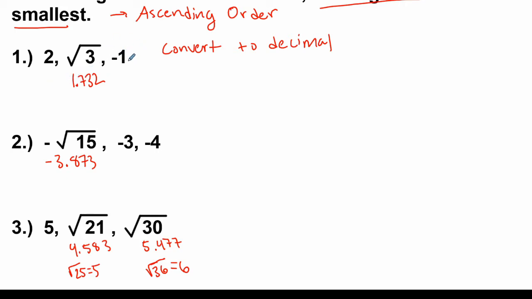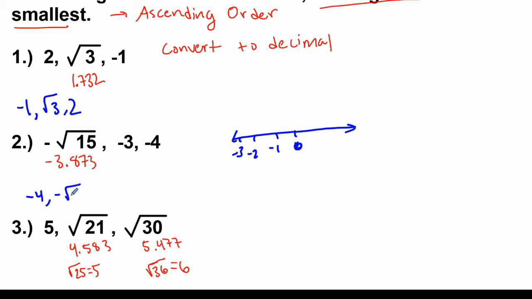So first we'll have our negative 1, obviously, because it's negative, it's the smallest. And then root 3, and then 2. Starting here, our most negative numbers, remember how our number line works. So negative 1, that's definitely a 0. Negative 2, negative 3, etc. So here's our biggest number, negative 4.